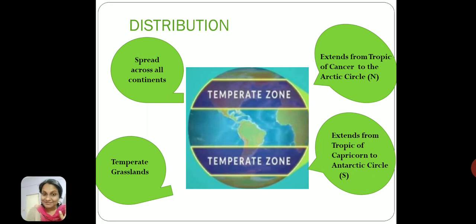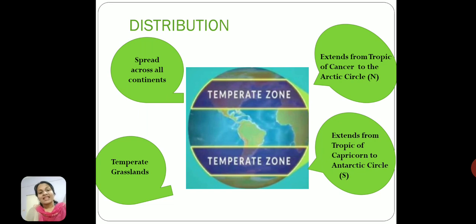Please pause the video, go back to the previous slide. You will see the areas properly marked. You can find the diagram in your textbook also. And if you are still confused about the climate zones, please refer to the video about climate zones. That was chapter number 6 for grade 5.